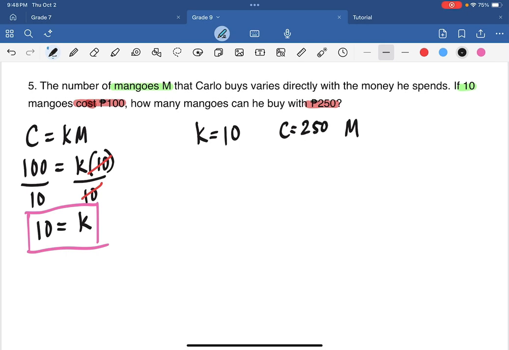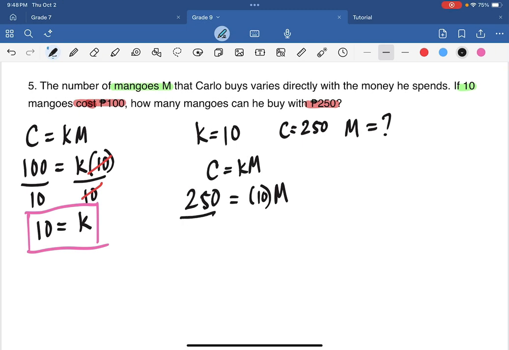So 250, and M is missing. So using the form again, we have C equals KM. So the cost for this one is 250 pesos equals K, which is 10, and M. Or you could just write 10M.